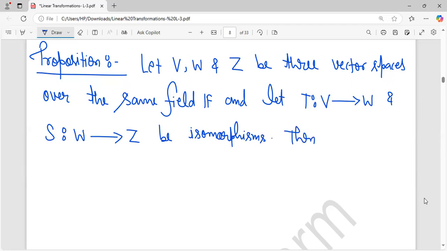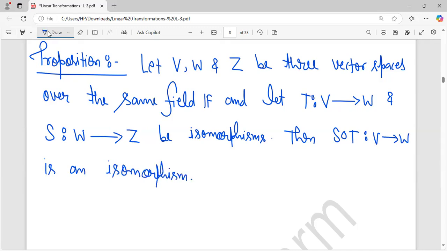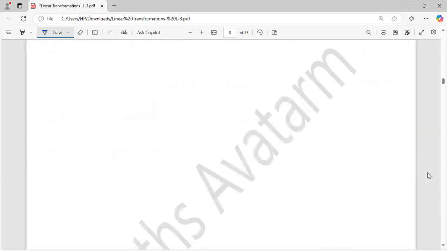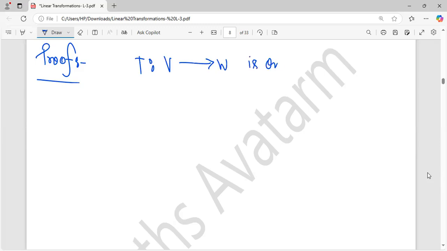Then S composed T from V to W is an isomorphism. So T from V to W is 1-1 and onto.